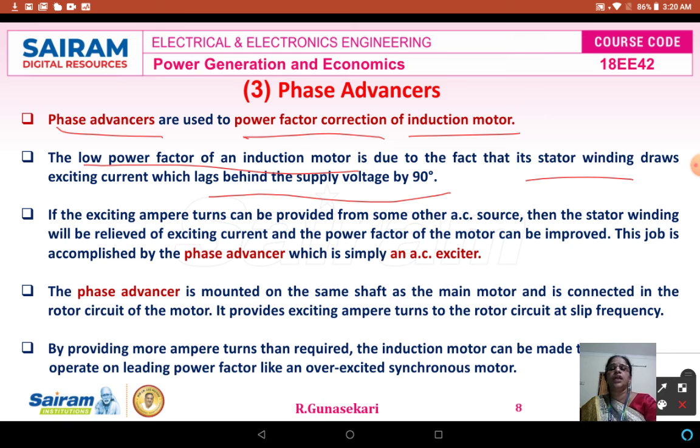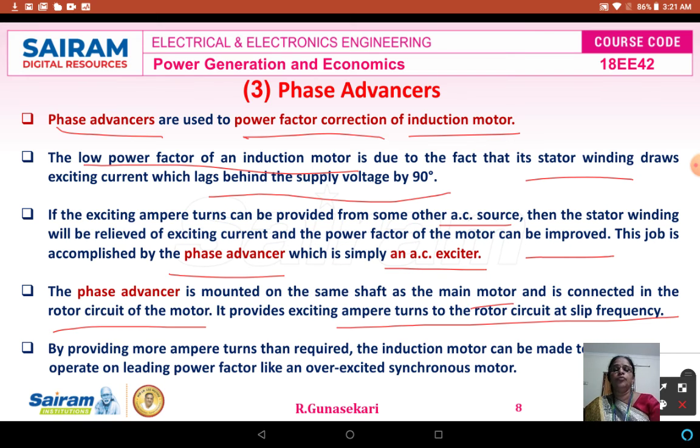If the exciting ampere turns are provided from some other AC source, then the stator winding is relieved of the exciting current and the power factor of the motor can be improved. This is done by the phase advancer, which is simply known as an AC exciter. The phase advancer is mounted on the same shaft as the induction motor and connected in the rotor circuit of the motor. It provides exciting ampere turns to the rotor circuit at slip frequency.